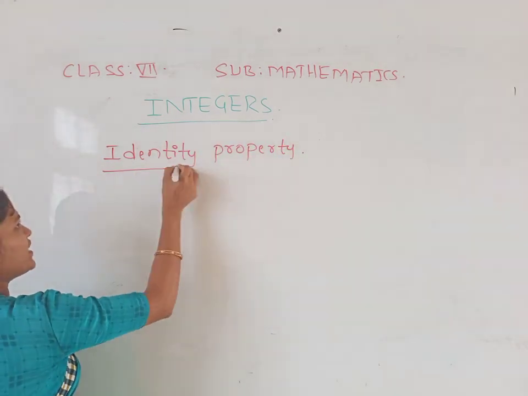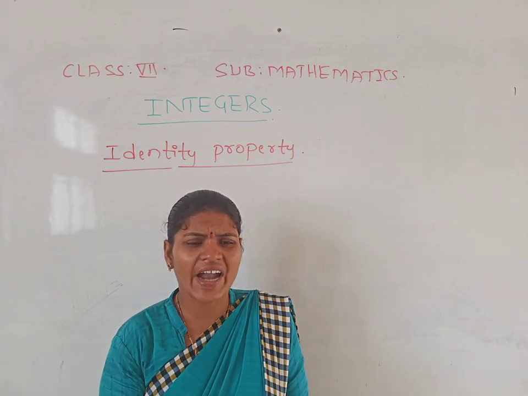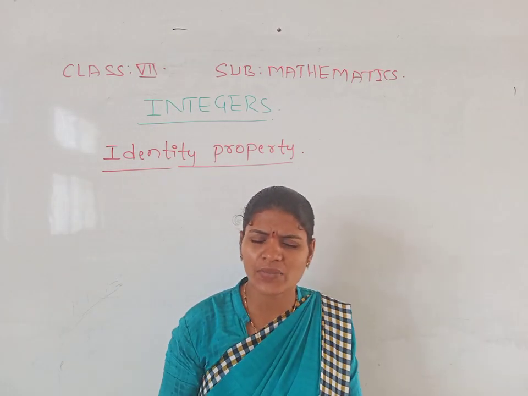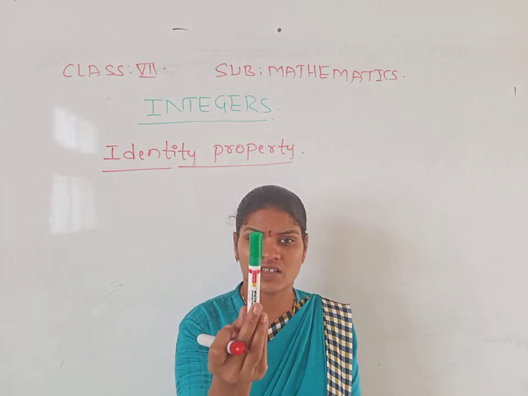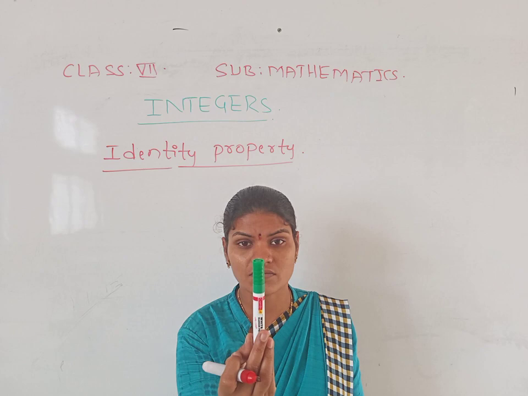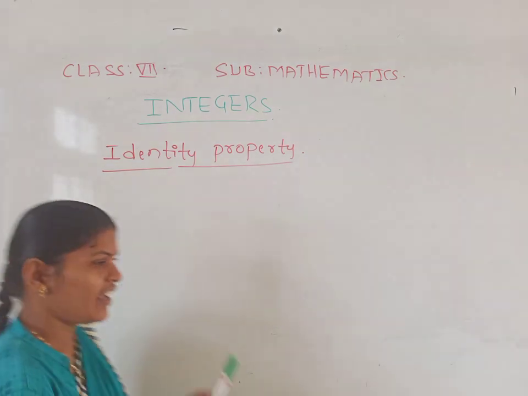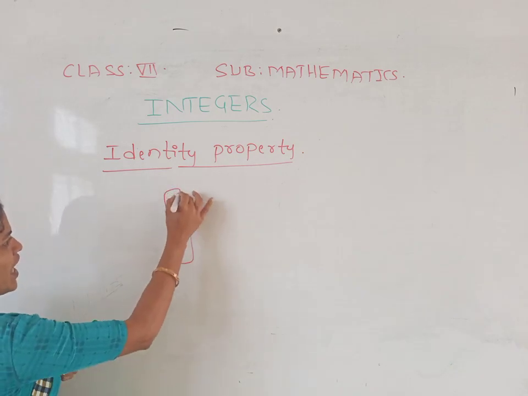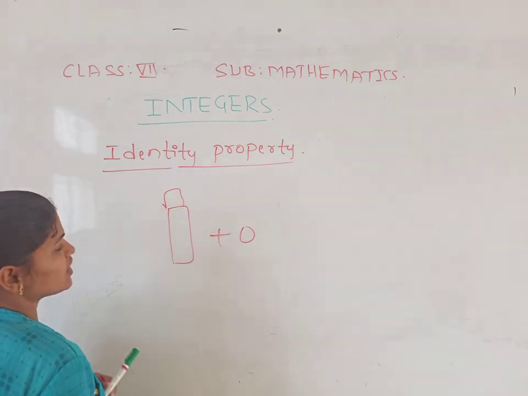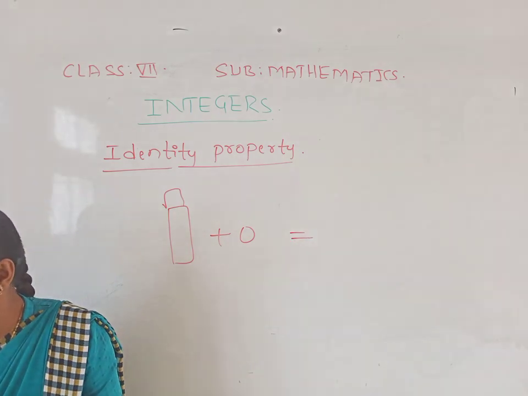Yes, identity. Identity means, suppose you are adding a number with any number, again you are getting that same number. You are adding 0 with the green color marker, your answer is the green color marker. Now I have a green color marker here. I am adding 0 with this green color marker. What is our sum? Green color marker only.